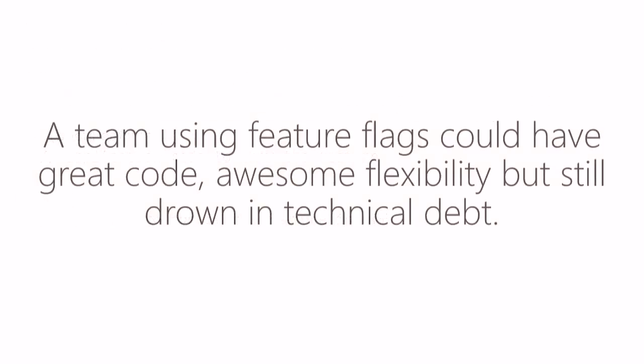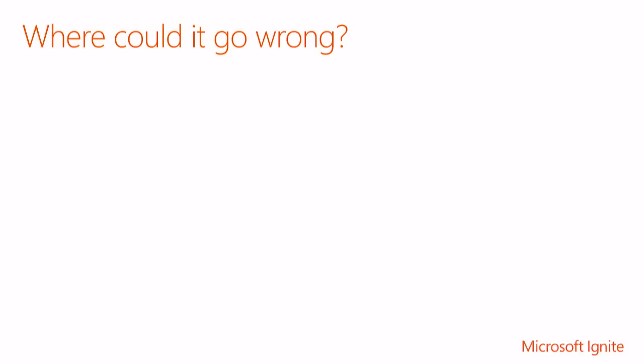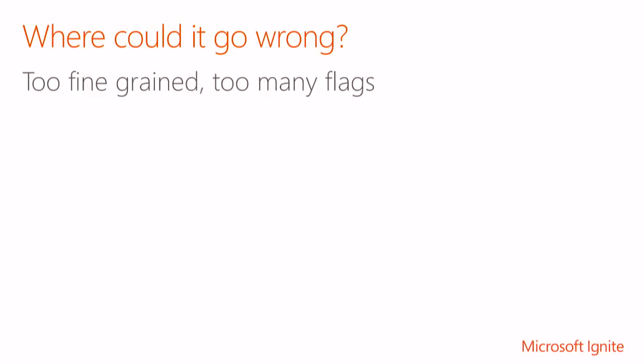And I can have a team that's using feature flags, and they have a great code, awesome flexibility, and they can still drown in technical debt because we can do some bad things with flags. You end up with hundreds of flags. SAP, anyone? You can tell who's the SAP developers in the room.